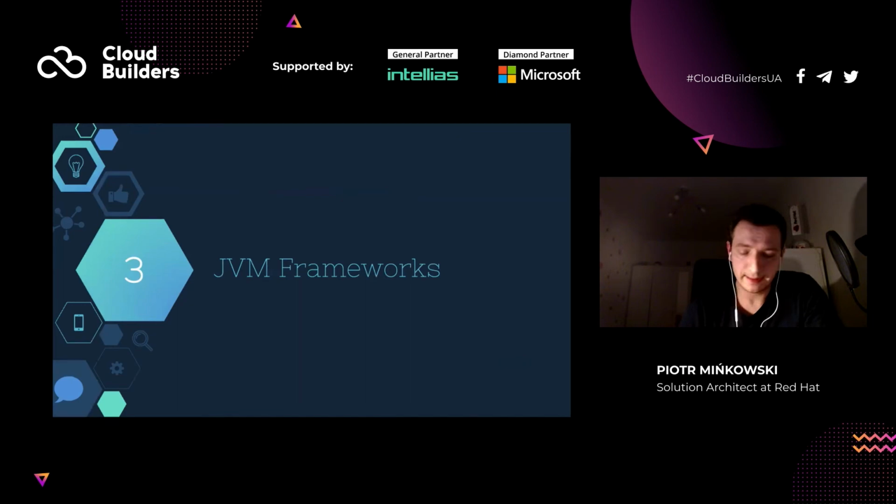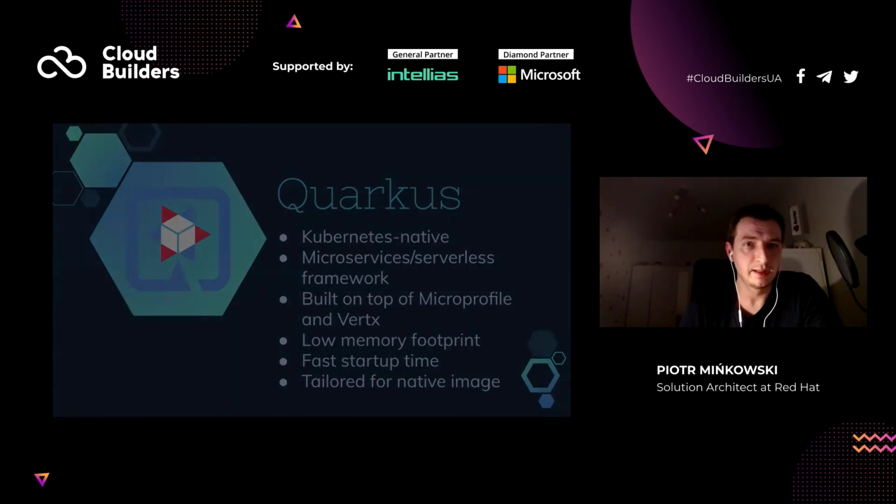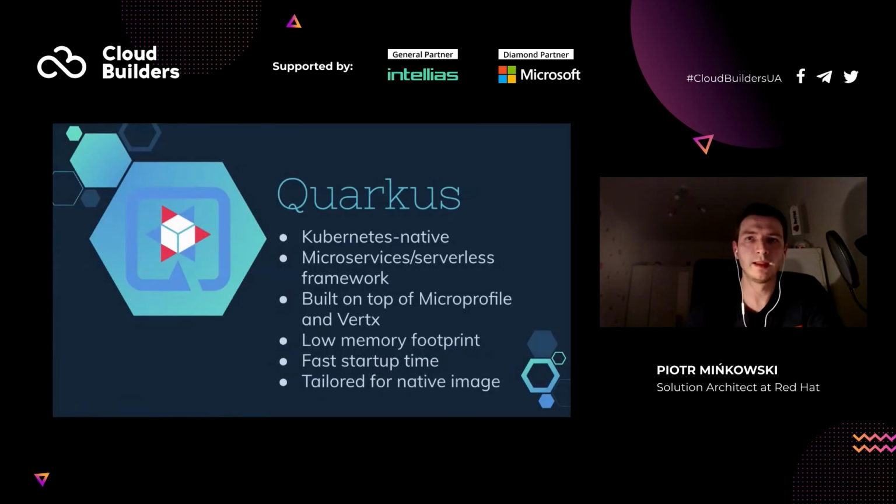Okay, so the last part of our presentation, JVM frameworks. Let's start with Quarkus. It's a Kubernetes native framework. It's built on top of MicroProfile and Vert.x. What does it mean? It is a Kubernetes native framework.